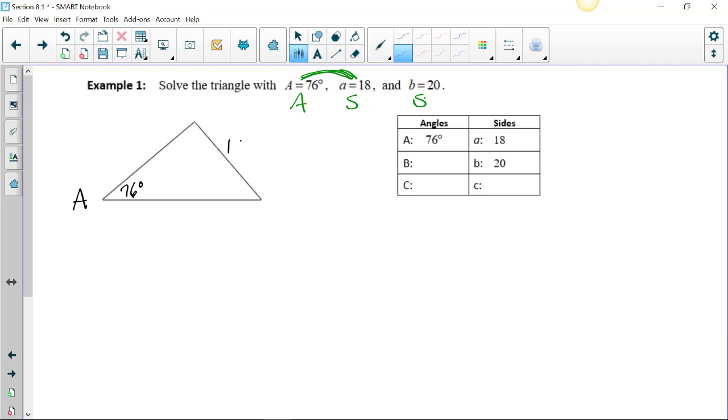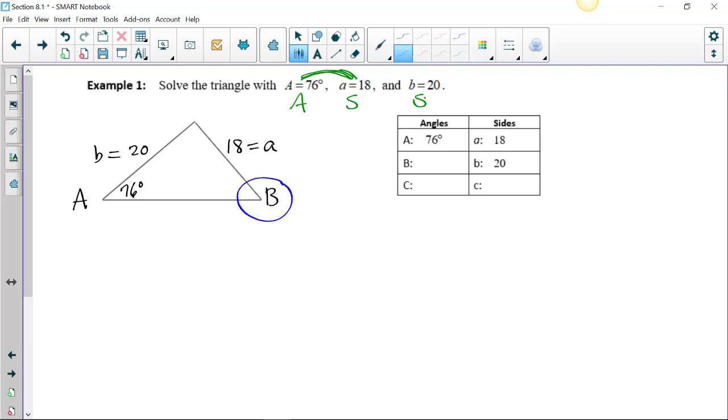Okay, the side opposite is here, 18, and then the other side I always put over here on the left. Okay, so that means if this is little b, then this is angle B.